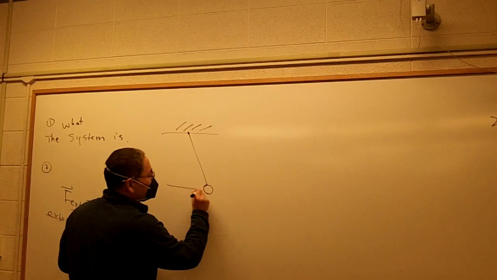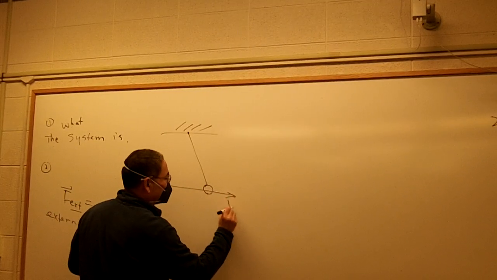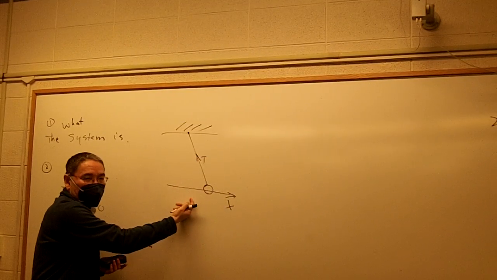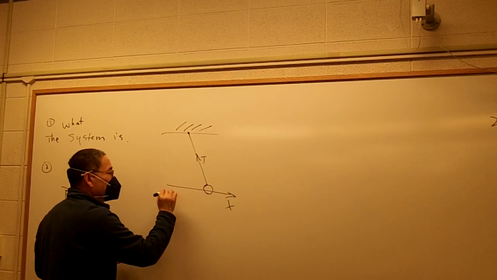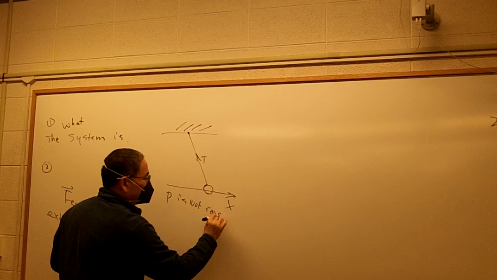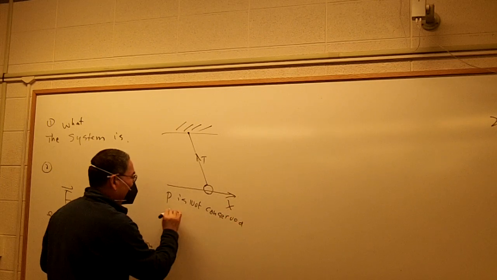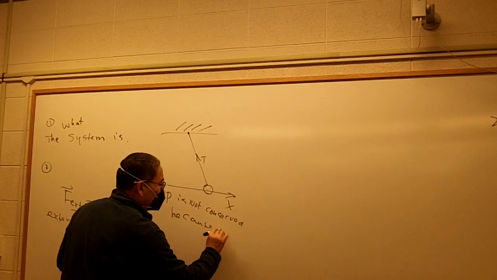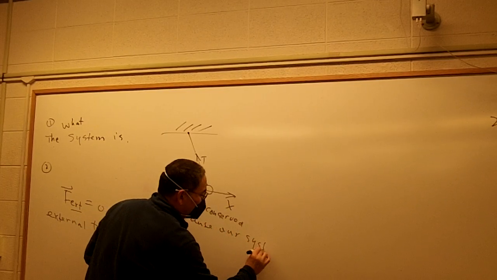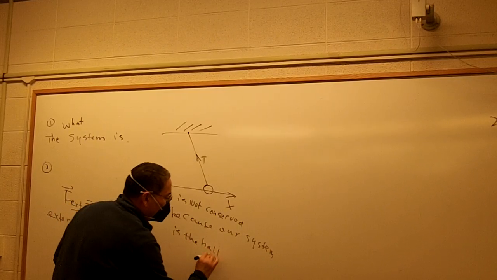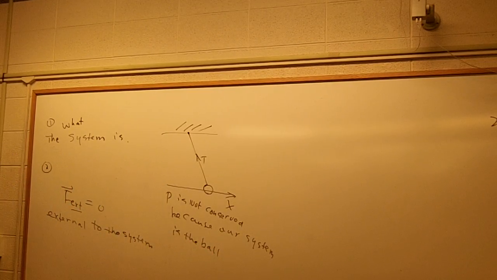conserved. The reason was that, let's look at the horizontal direction. So here you have a tension. This tension is not 0. So in this case, momentum P is not conserved, because our system is the ball.